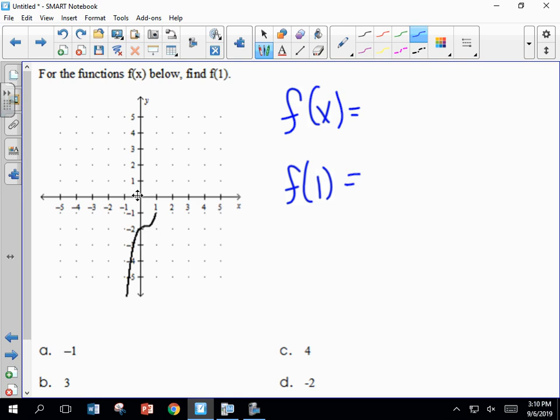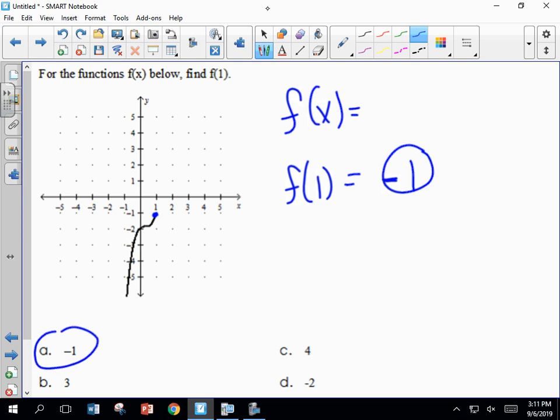Okay, here's what I'm going to do. You're going to go right 1, because it's replacing the x. It's a +1 on the x-axis. And I'm going to go down, and I'm going to touch the graph right here. Where did I touch it? Looking across, right here, it's at -1. So my solution is -1.